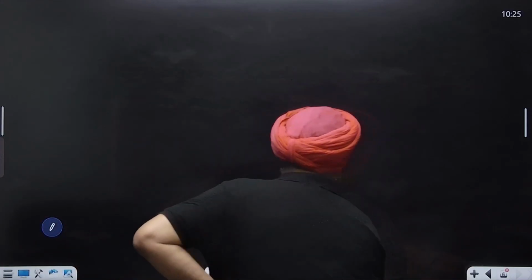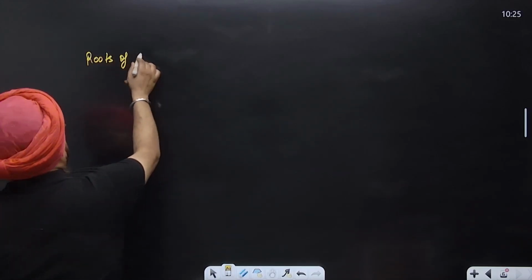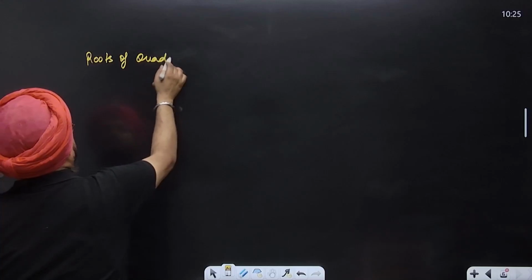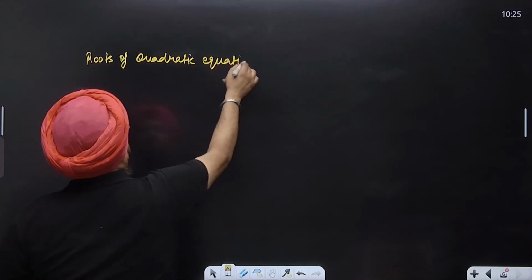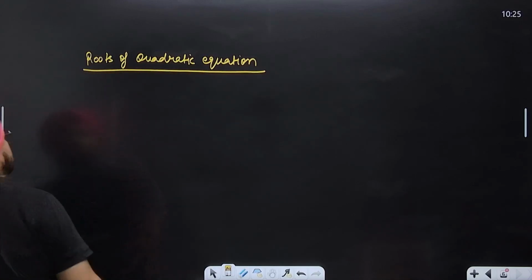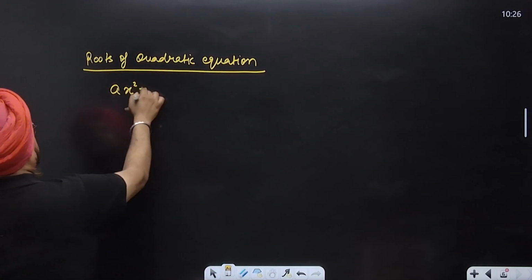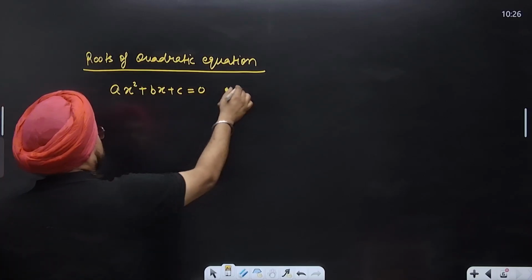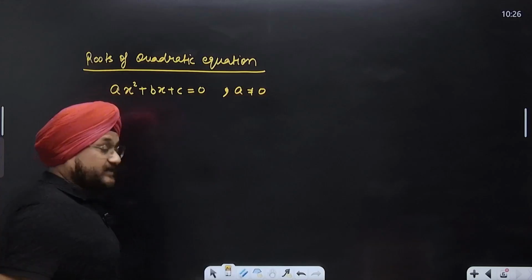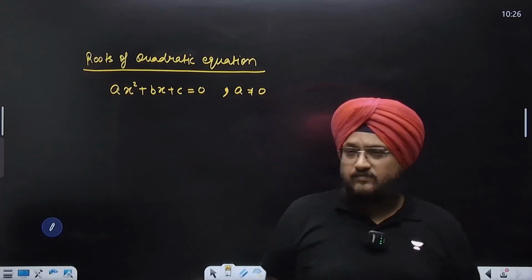Now let's move forward to the roots of quadratic equation. So we are considering the quadratic equation ax square plus bx plus c is equal to 0, and since it is a quadratic equation, a will not be equal to 0.